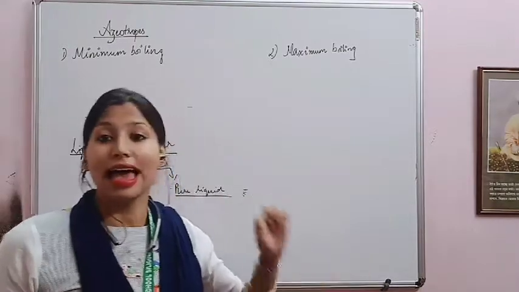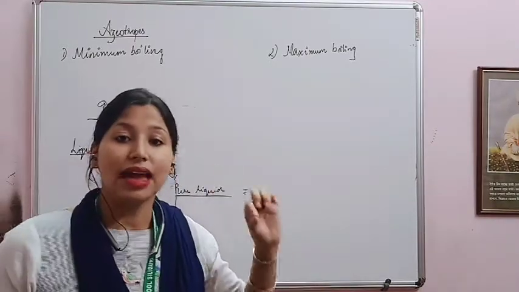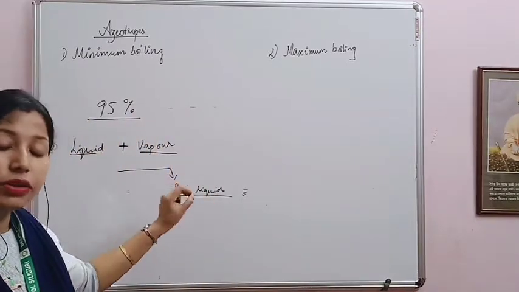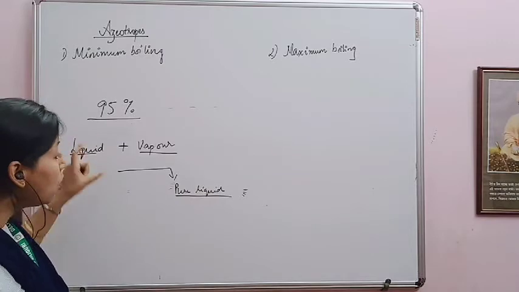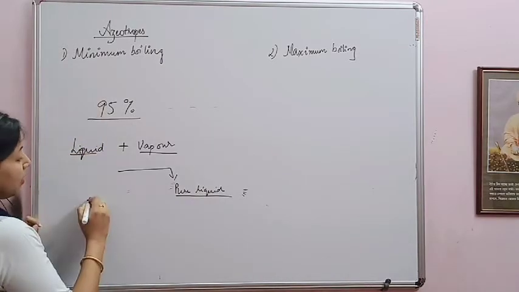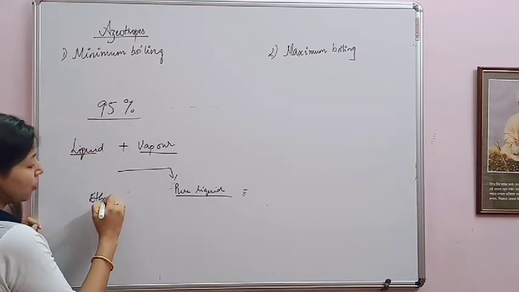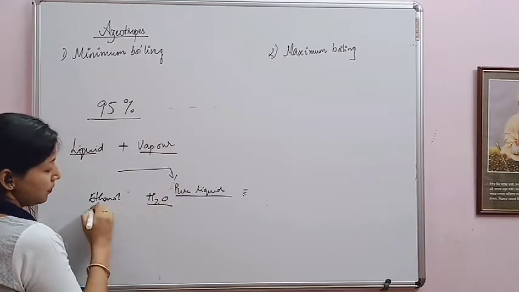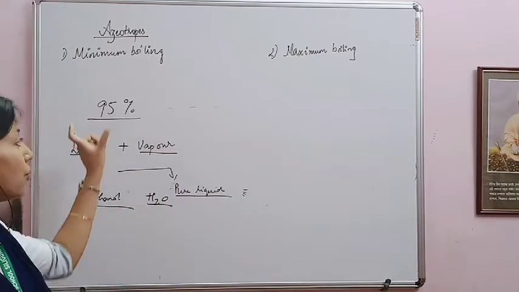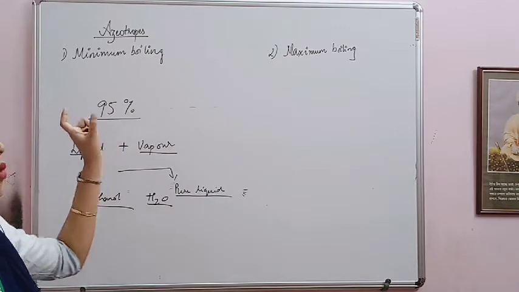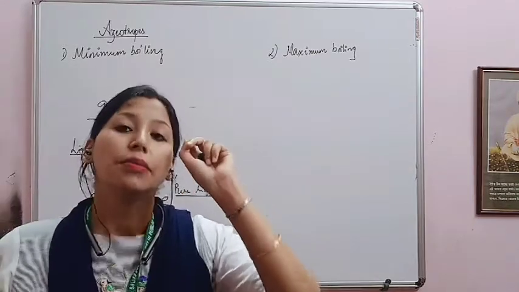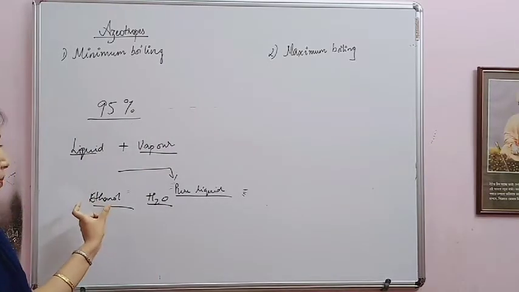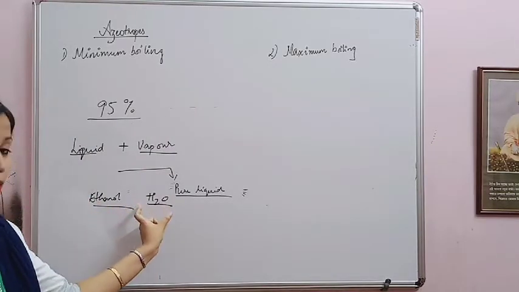And when this happens, the temperature at which this happens is lower than the boiling point of pure ethanol and also the boiling point of water. So you are able to obtain only 95% pure ethanol at a temperature which is lower than the boiling point of pure ethanol and that of water.